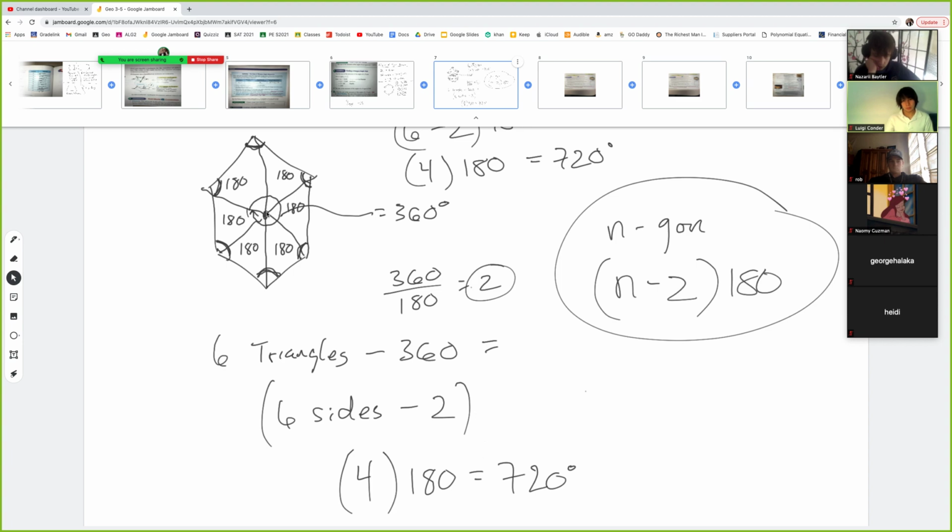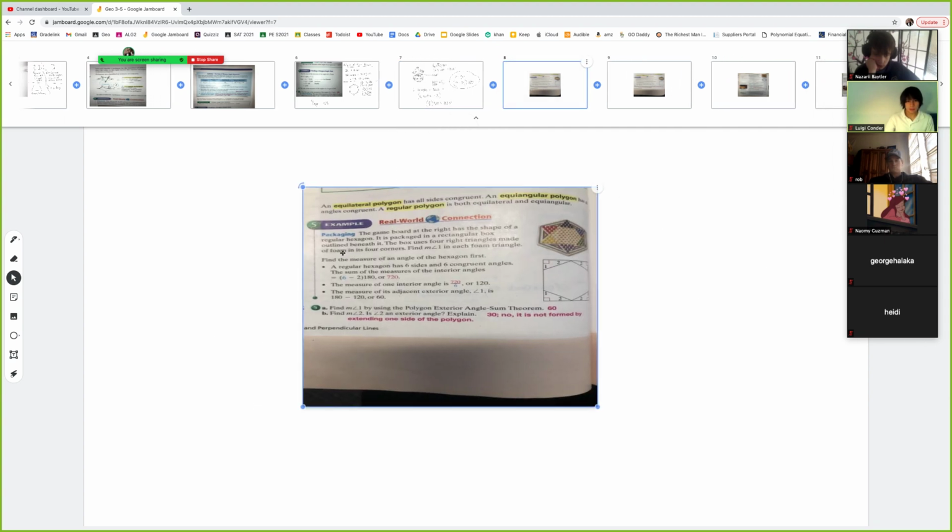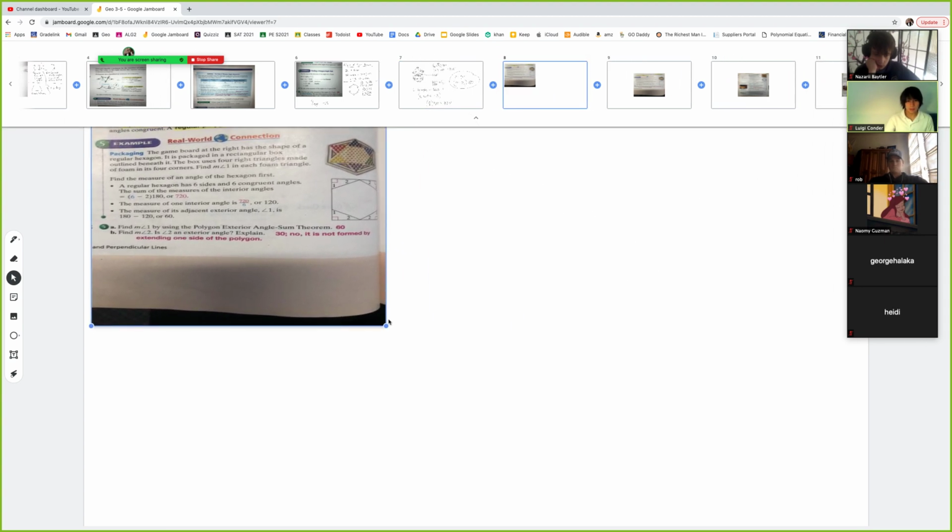Because we have to subtract 360 from the center, that means 60 from each triangle, which leaves 120 times 6. 120 times 6 is 720.